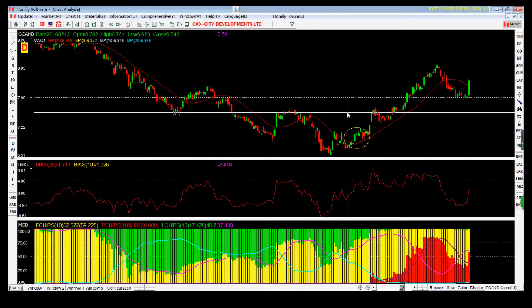The same holds true if the moving average flattens out or rises after the stock has passed through the moving average line.